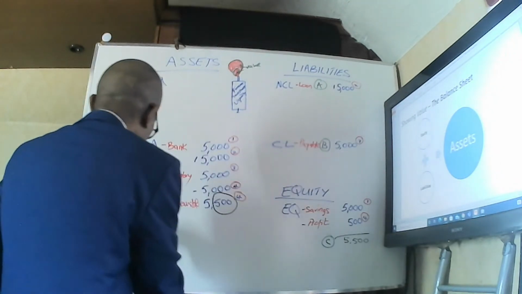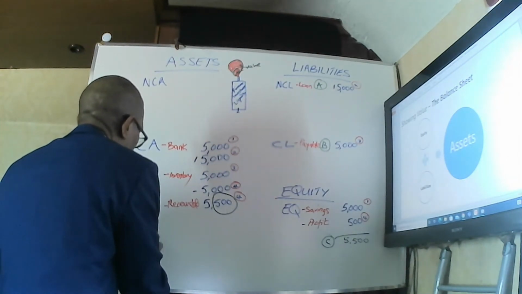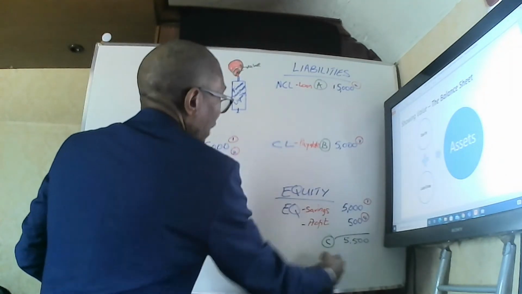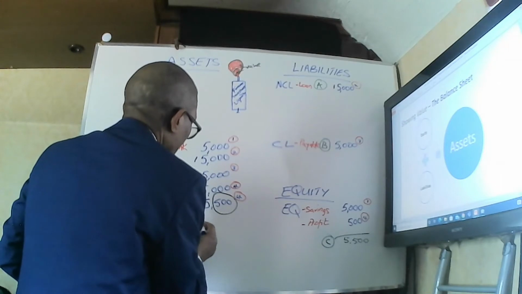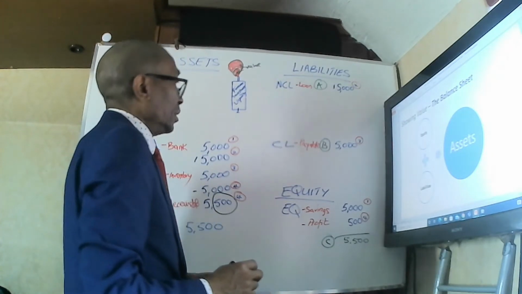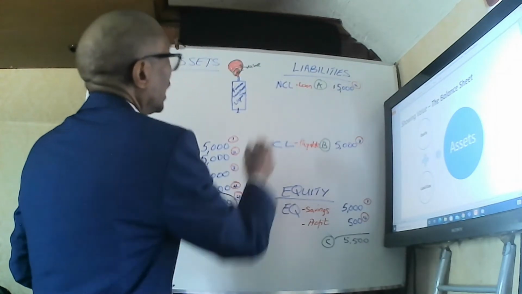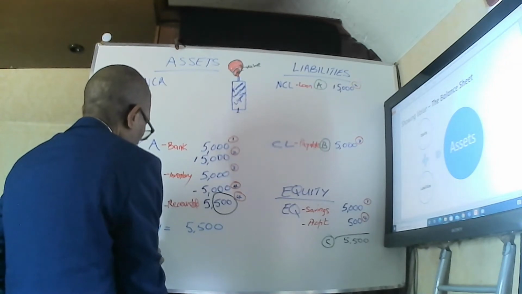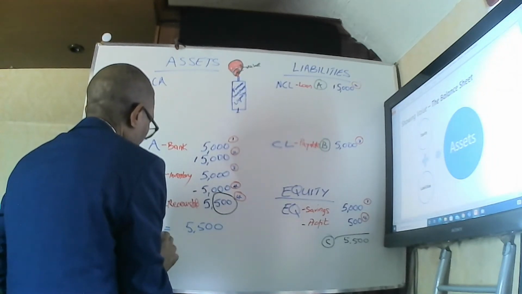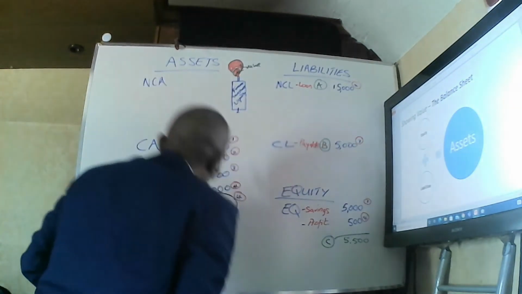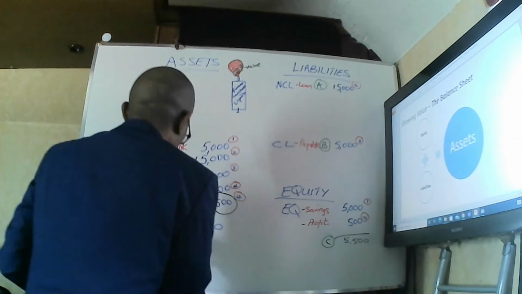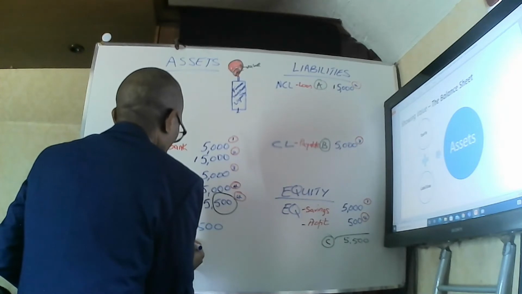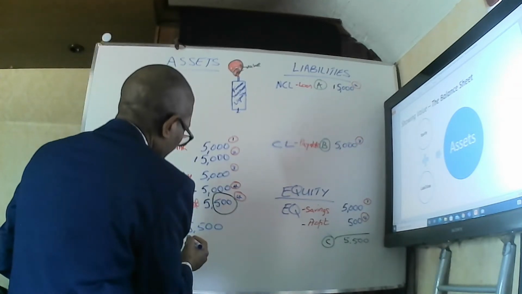First of all, there's equity. Let's look at equity. Equity they said is 5,500. Liabilities from our board here is A plus B. Liability A plus B is 20,000.